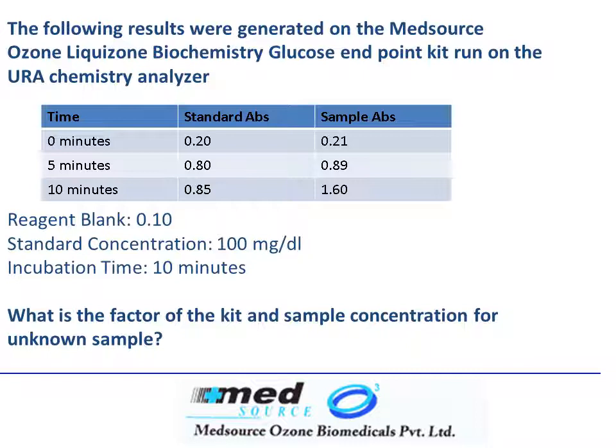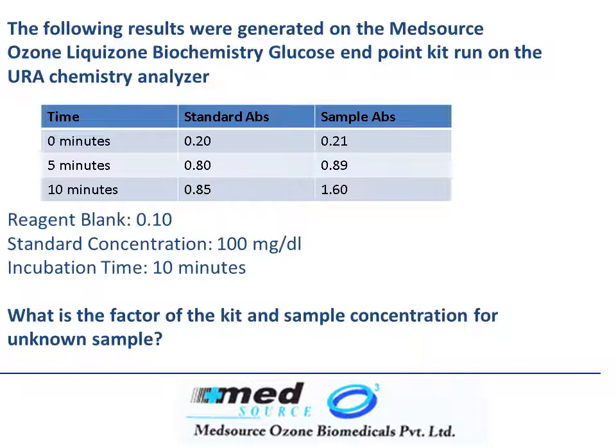At 5 minutes, the absorbance of the standard was 0.80, while the absorbance of the sample was 0.89, and at 10 minutes, the standard absorbance was 0.85 and sample absorbance was 1.6. The reagent blank was 0.10.